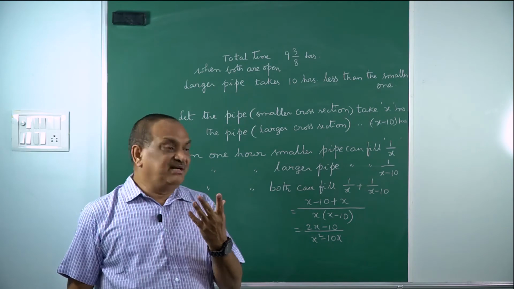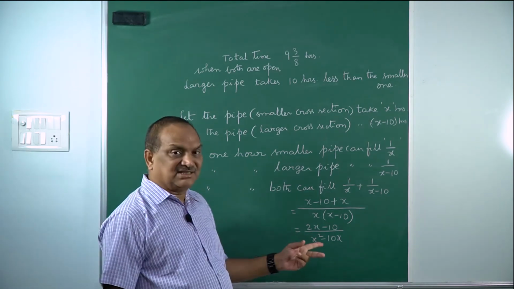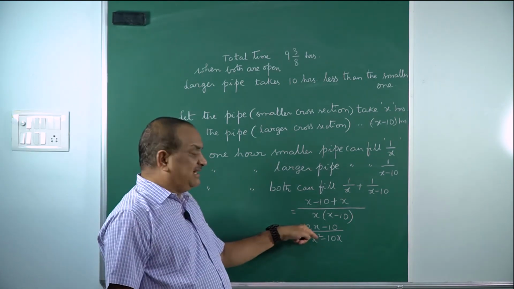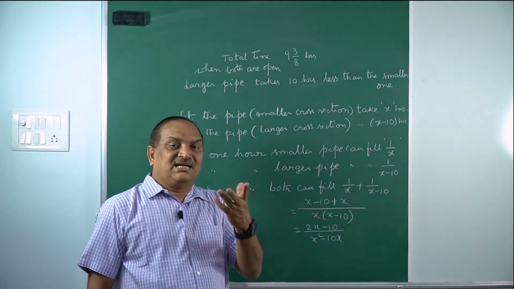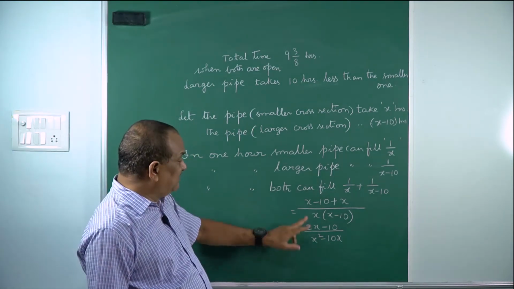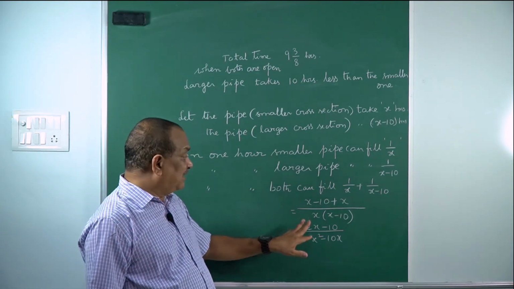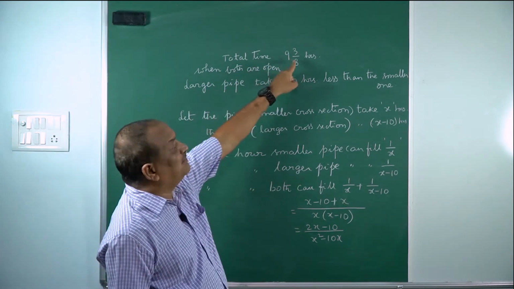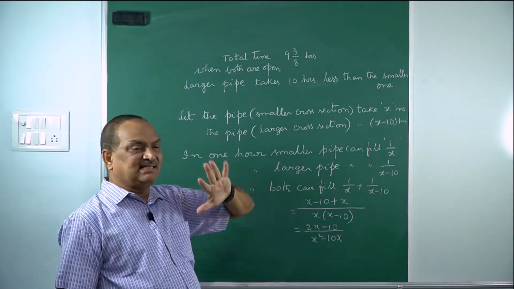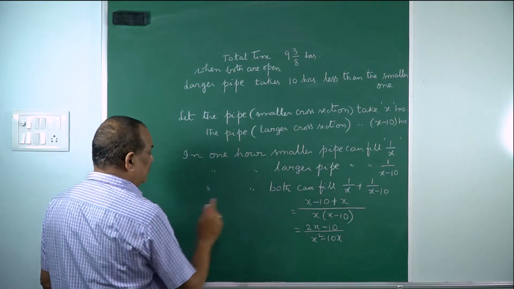Now, how much time it takes? You just take the reciprocal of this one. In 1 hour, this can be done. How much time it takes to fill? This by this, you have to take the reciprocal. But that is given as 9 and 3 by 8. As simple as that. Come on, start. Take the reciprocal of this one.